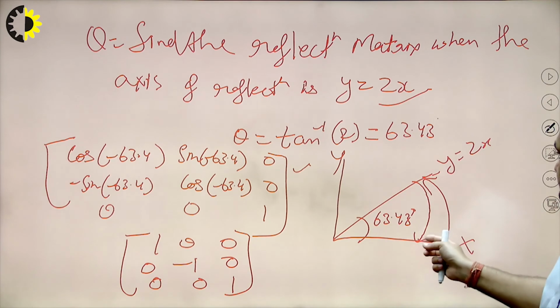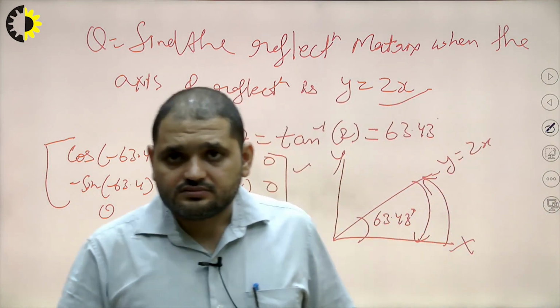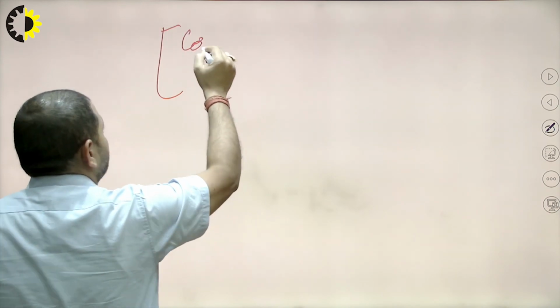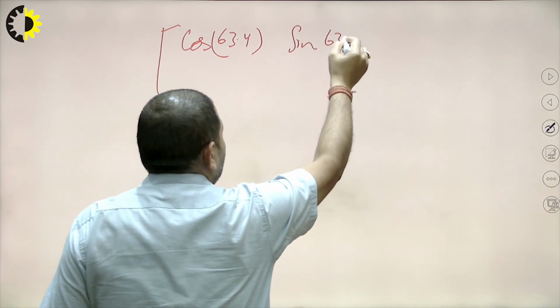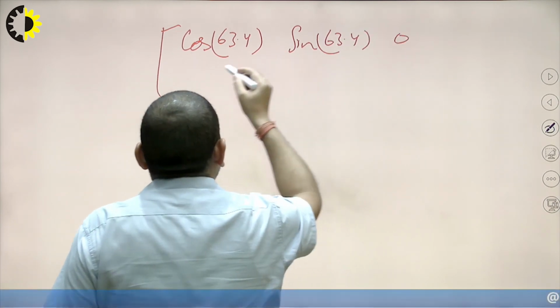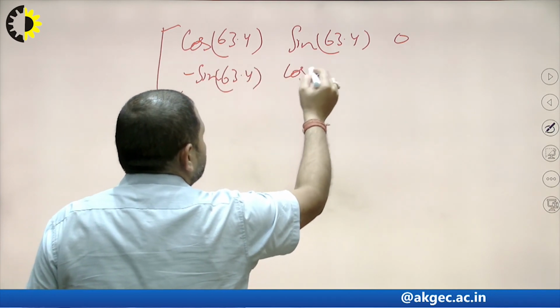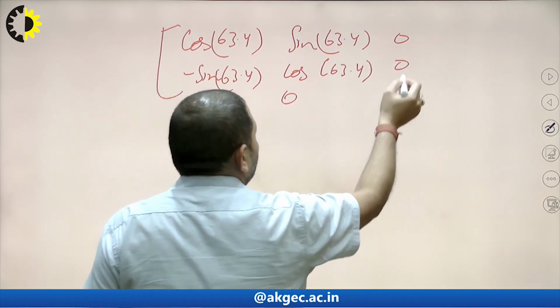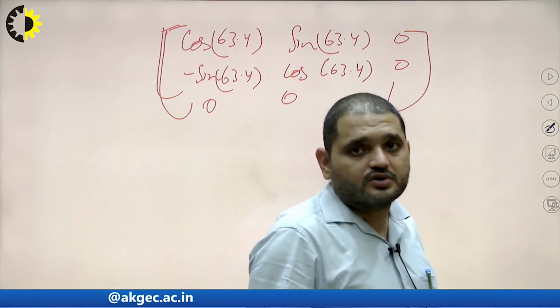The third matrix will be cos 63.4, sin 63.4, 0, minus sin 63.4, cos 63.4, 0, and 0 0 1. This matrix takes the line back to its original position.